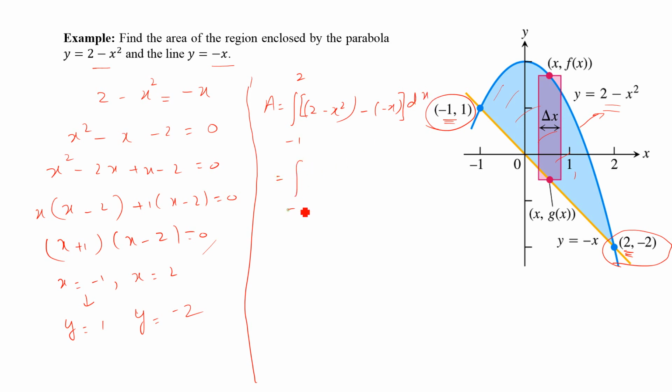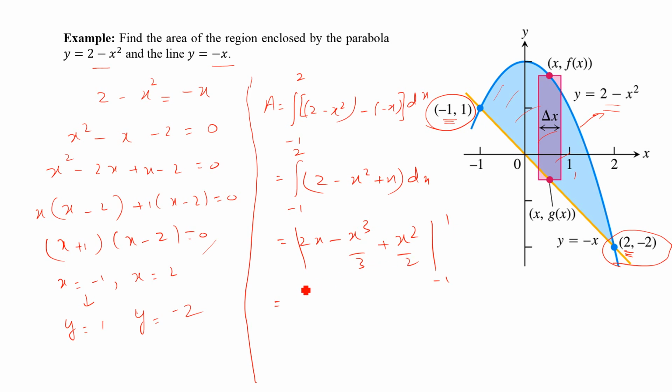Now we just have to evaluate, which is very easy, you know how to evaluate. We have 2 minus x squared plus x, dx. So let's evaluate it. 2x minus x cube over 3 plus x square over 2, from minus 1 to 2.